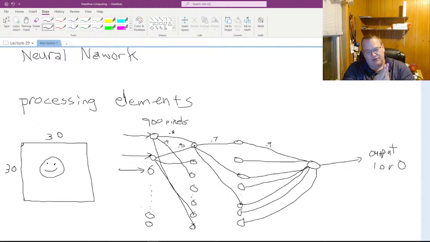So what we need to do is we feed it a bunch of pictures of faces, and we tell it, this is a face, this is not a face. This is a face. This is not a face. And so it's going to go through the different pictures.